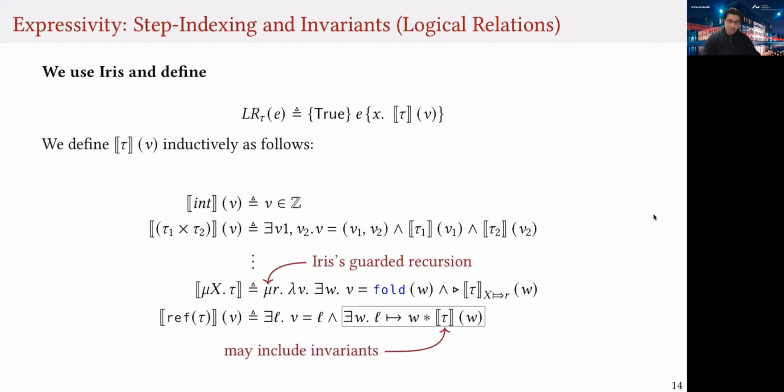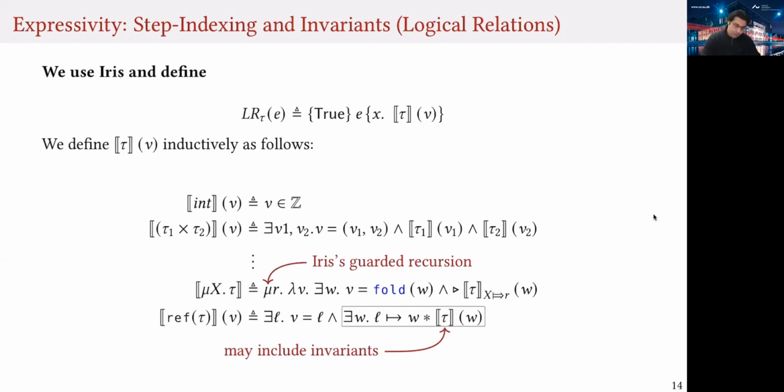Well, it should not come as a surprise after me hyping Iris up so much. We use Iris, right? The idea is that we use the Hoare triples of Iris to define our logical relations. Remember that this actually implies the safety and the correctness, functional correctness property that we wanted, right?